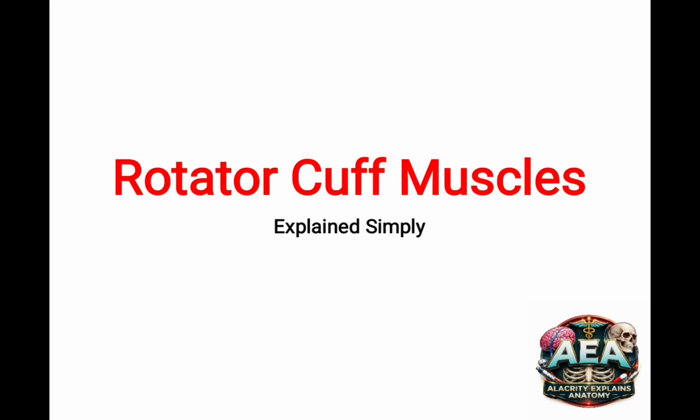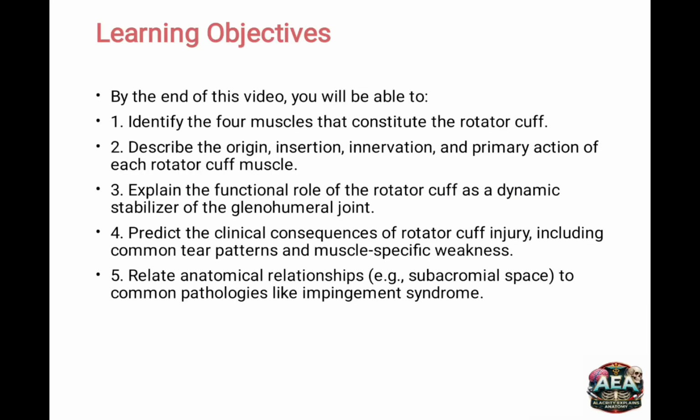Today we are going to be looking at the anatomy of the rotator cuff muscles. By the end of this video, you will be able to identify the four muscles that constitute the rotator cuff muscles, describe the origin, insertion, innervation, and the primary action of each rotator cuff muscle, and explain the functional role of the rotator cuff as a dynamic stabilizer of the glenohumeral joint.